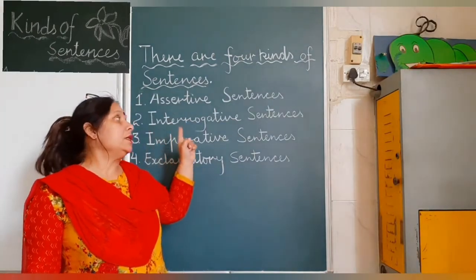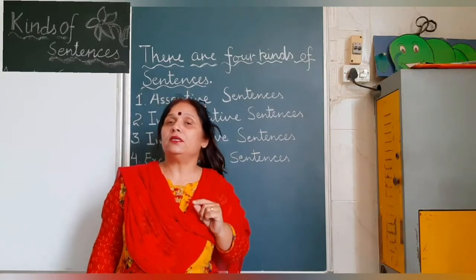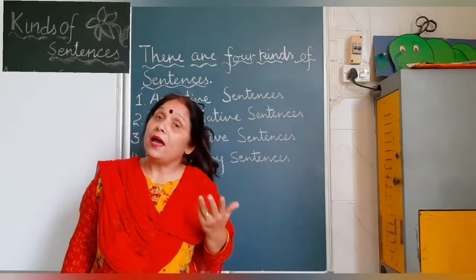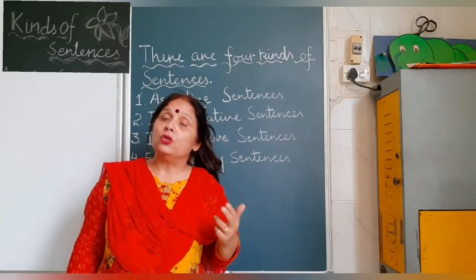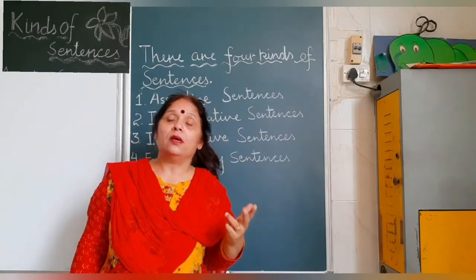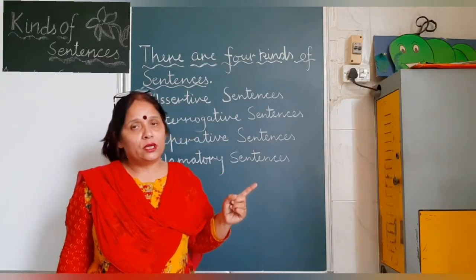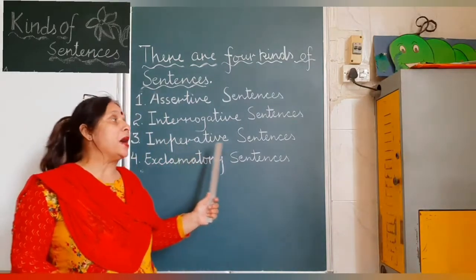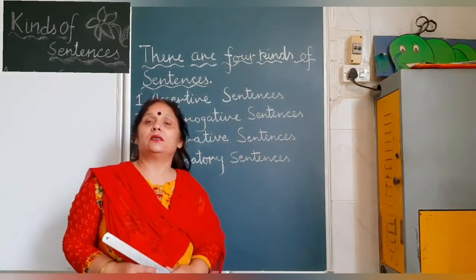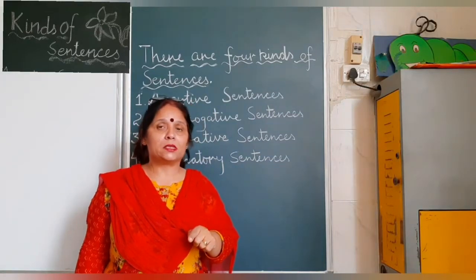Next one is interrogative sentences. Interrogative sentences are the asking sentences. To ask something, to ask a question, means the questions are called interrogative sentences. And the number 3 is imperative sentences. These are the orders or the request.